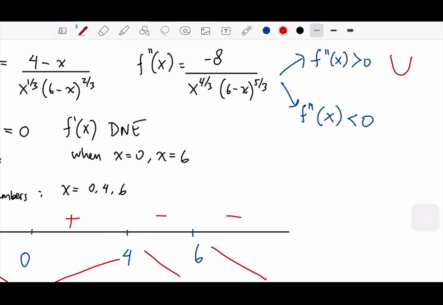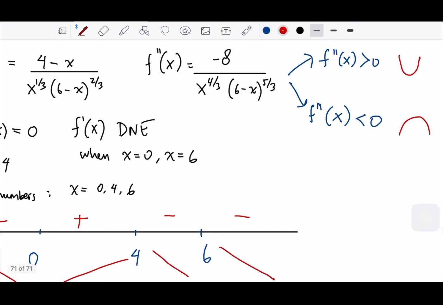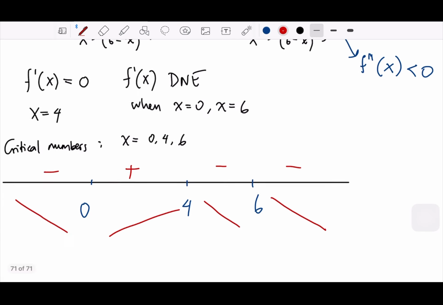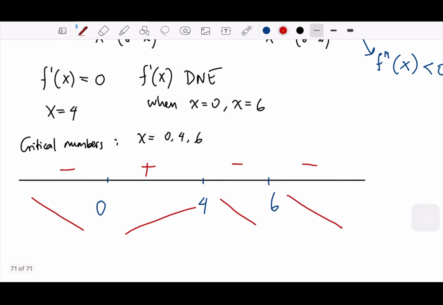The negative means concave downwards, which means we will have the minimum and maximum point. And eventually, when we try to draw, we expect that at x equals 0 there is supposed to be a minimum.